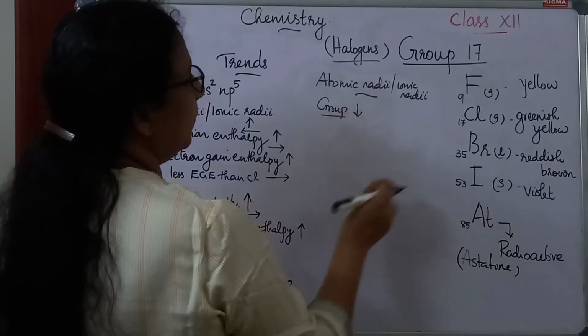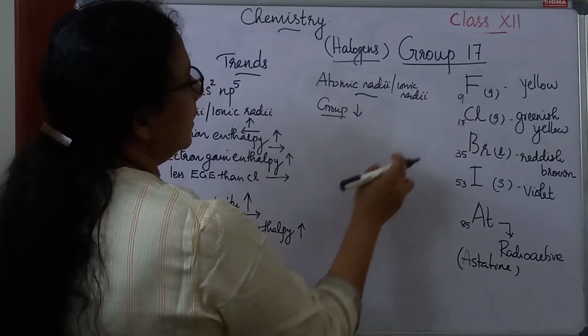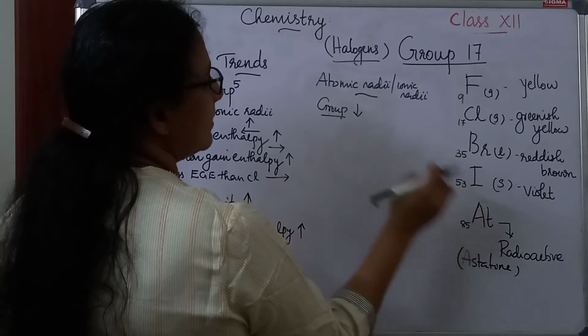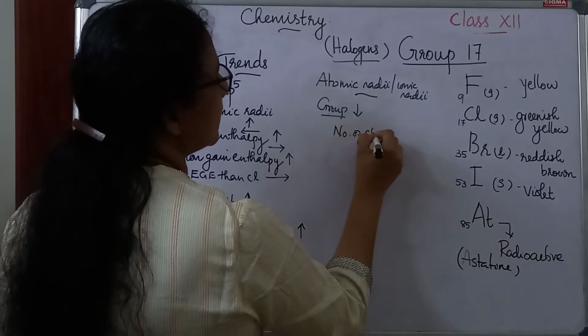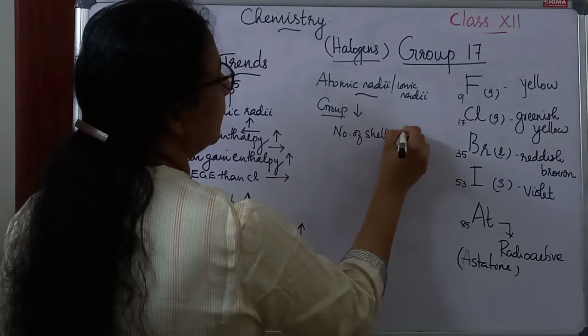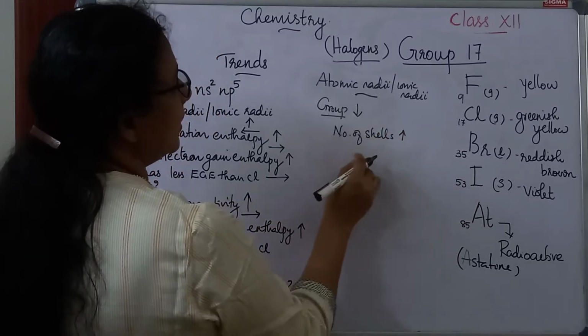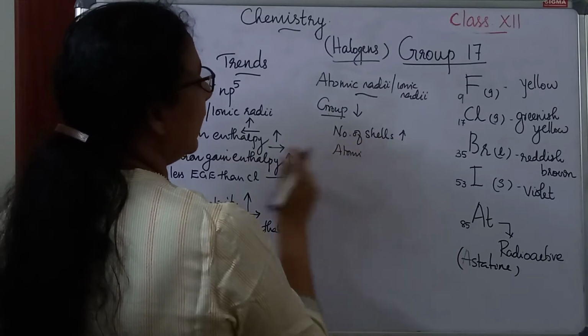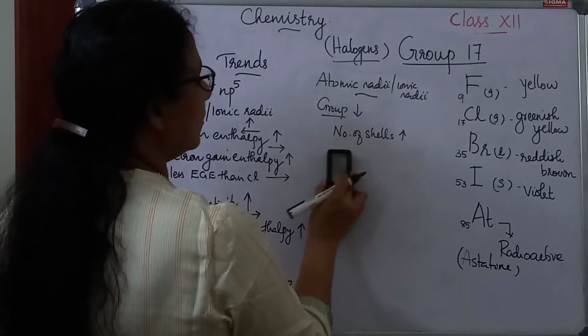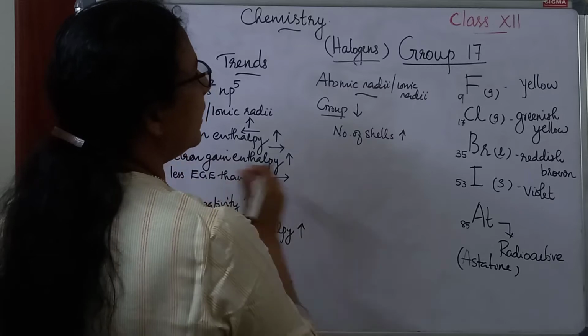In a group, when we are coming down, the atomic numbers are increasing. So the number of electrons will be increasing, and the number of shells will be increasing. When the number of shells is increased, the radii increase.